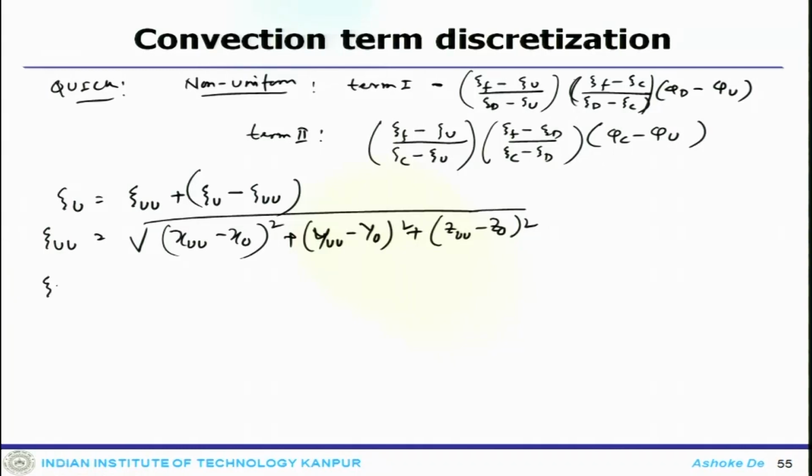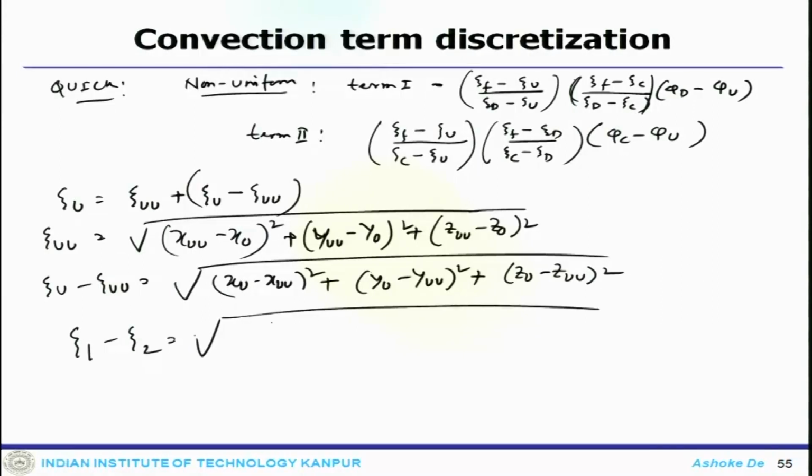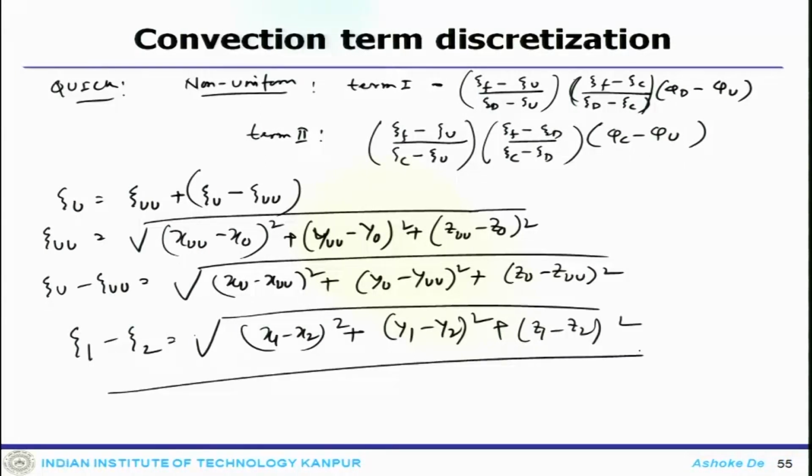And xi u minus xi uu equals x u minus x uu square, y u minus y uu square, z u minus z uu square. So if you put them together, xi 1 minus xi 2 is essentially x1 minus x2 square, y1 minus y2 square, z1 minus z2 square. This is how you can get the functionality between uniform and non-uniform systems.